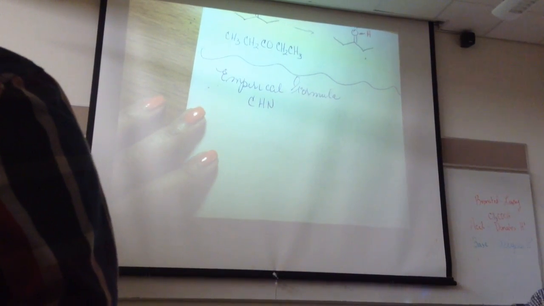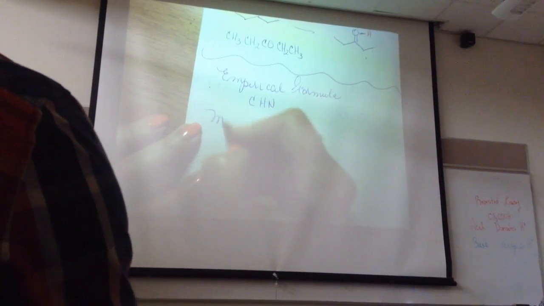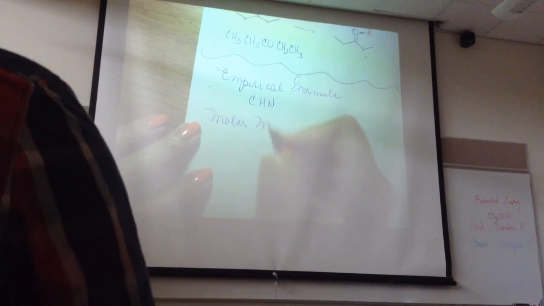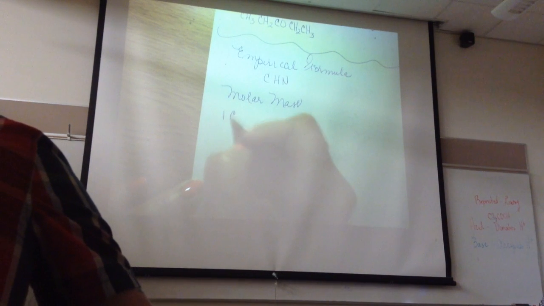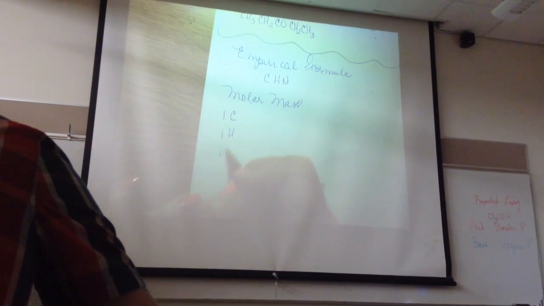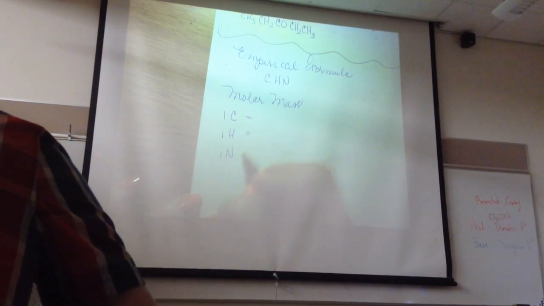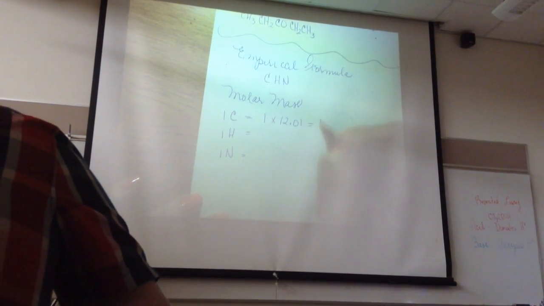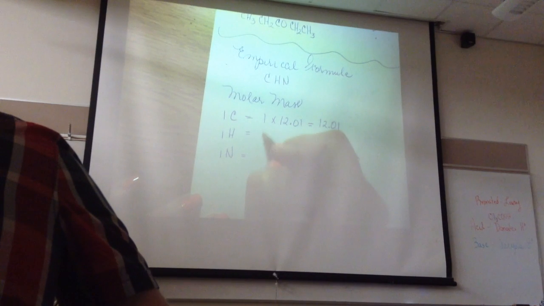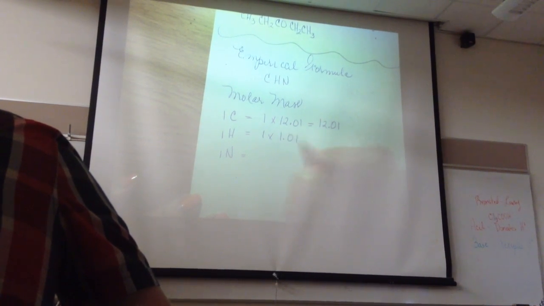So I calculate the molar mass: one carbon, one hydrogen, one nitrogen. The carbon is 12.01, the hydrogen is 1.01, the nitrogen is 14.01.